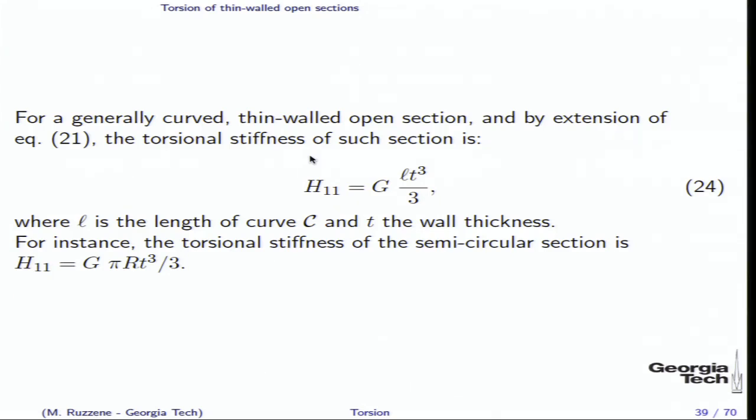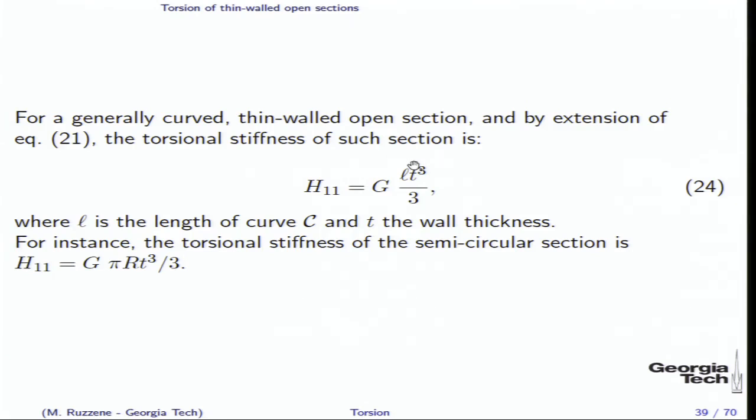We have a definition of a curve C, and we say that our curve is at half the thickness of the thin-walled beam, and it spans the entire width of the thin-walled beam section. So we take that curve, we identify the length of this curve, which we term as L, and that's what is being used here.